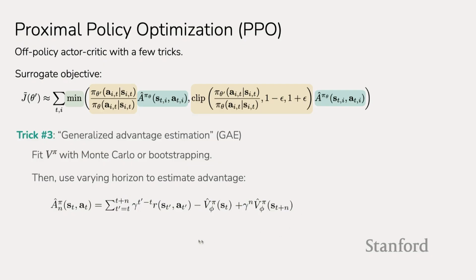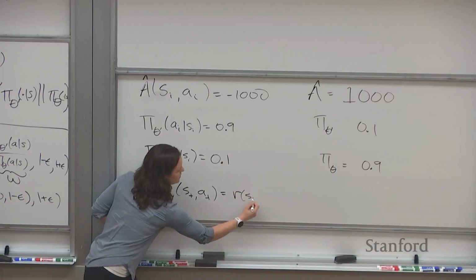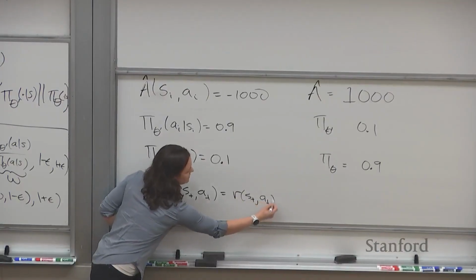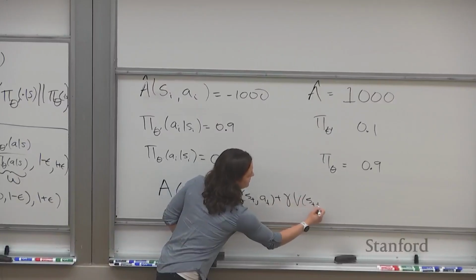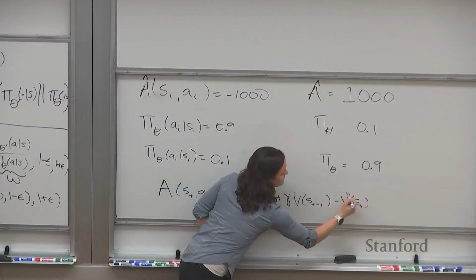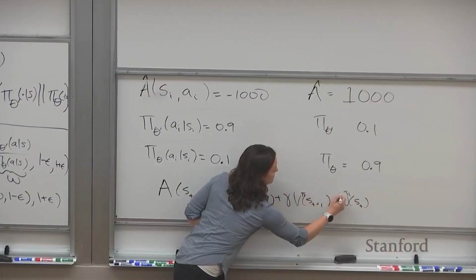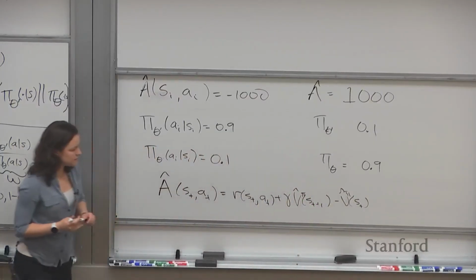So before, we were estimating the advantage of a given state and action using the reward at that state plus the value at the next state minus the value at the current state. These were all for pi, and had hats on each of these.